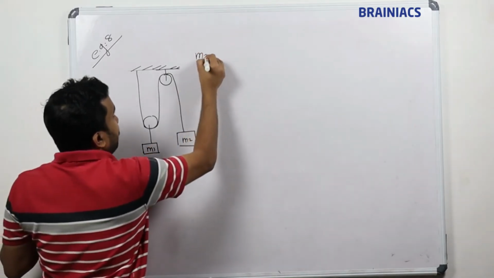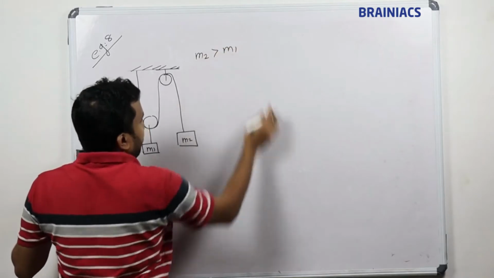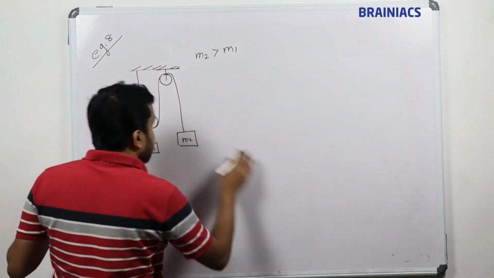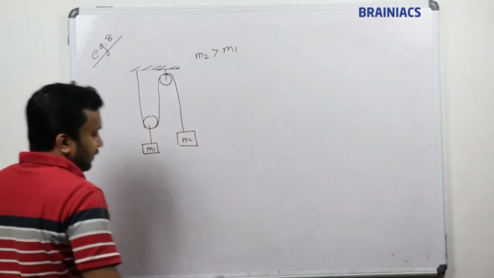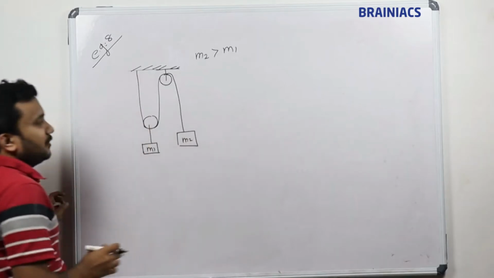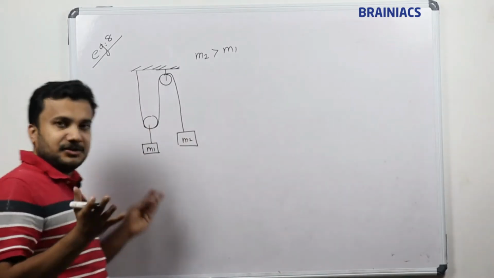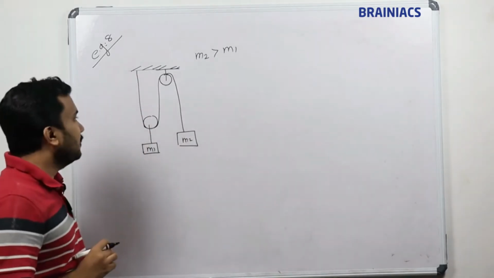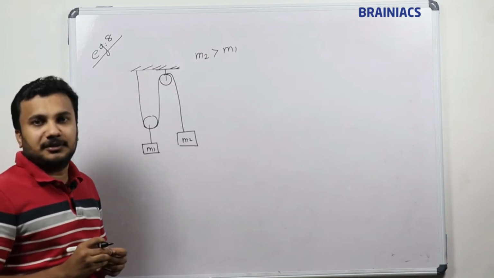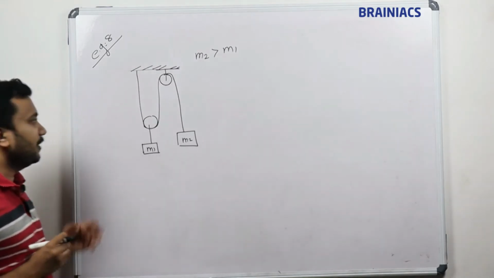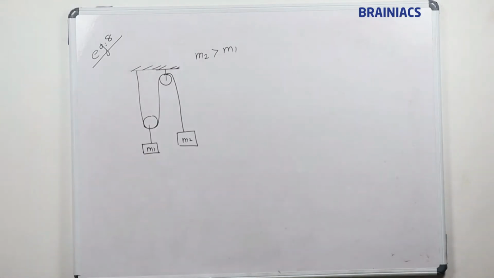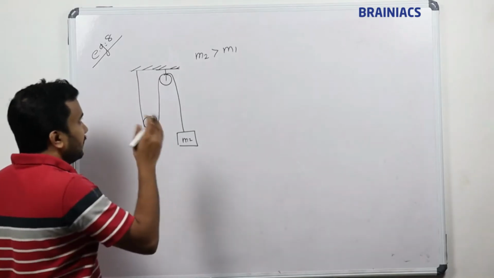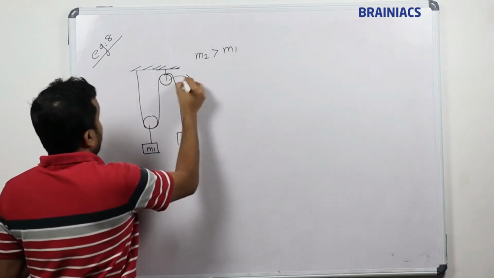I am assuming M2 is greater than M1. In this case, the question is the same as usual: what is the value of acceleration, and what is the value of tension in this context?